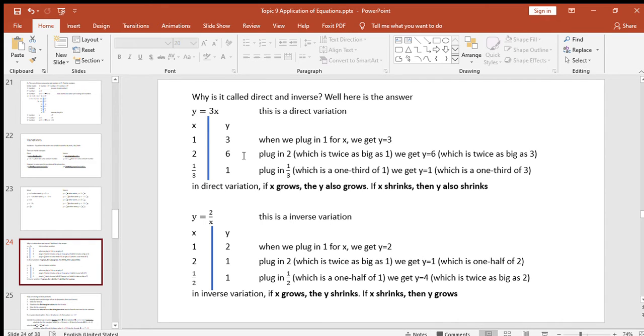Now let's increase that to 2, and 3 times 2 will give us 6. Well, 2 is twice as big as 1, right? So in direct variation, our y should also be twice as big as our original y. It increased by 2 times, our y also increased by 2 times.